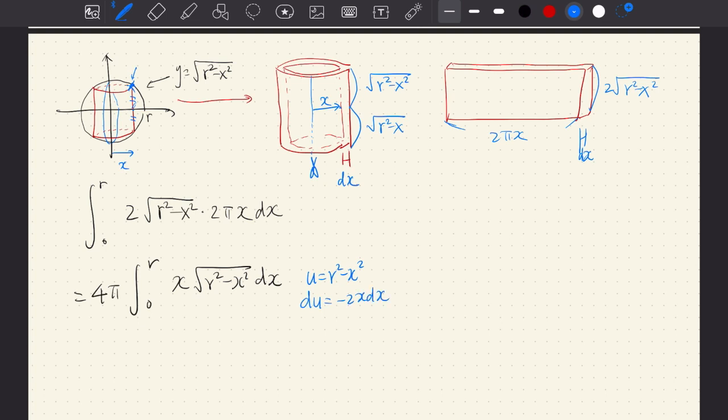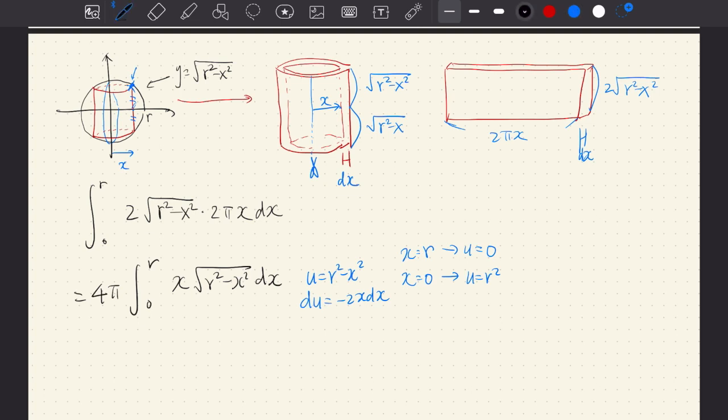Because we're doing a definite integral, we also have to transform the upper and lower limits of integration. When x is equal to r, then u is r squared minus r squared, so u is equal to 0. And when x is equal to 0, the lower limit, u equals r squared minus 0, so u is equal to r squared.